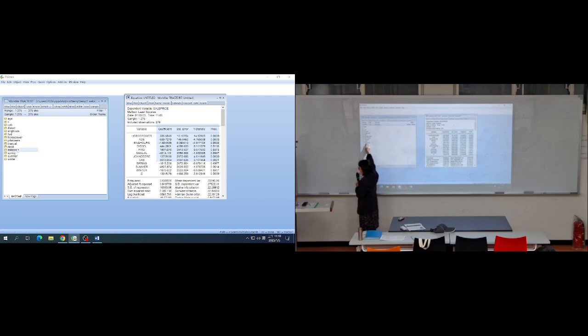We need to generate it as a log sales price. There's one here, this one.